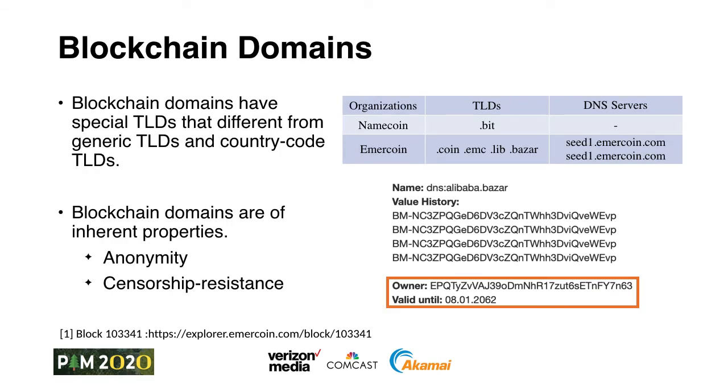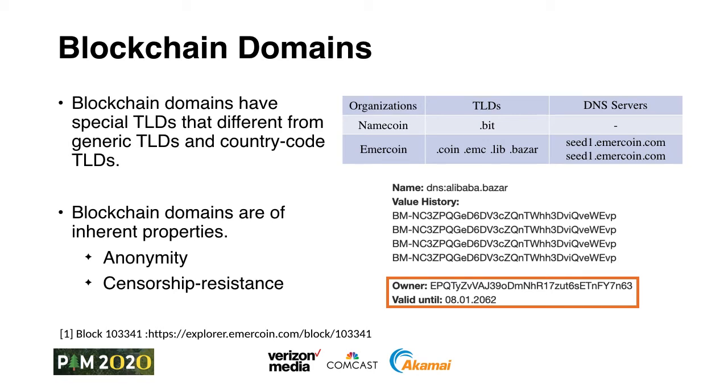Blockchain domains have particular TLDs, which are different from generic TLDs and country code TLDs. The right table is an example of TLDs of blockchain domains. Besides, blockchain domains have some significant attributes for attackers. They are anonymous and censorship resistant.